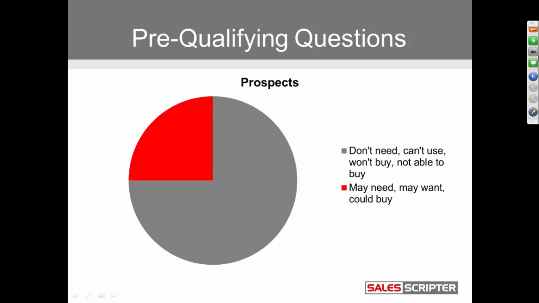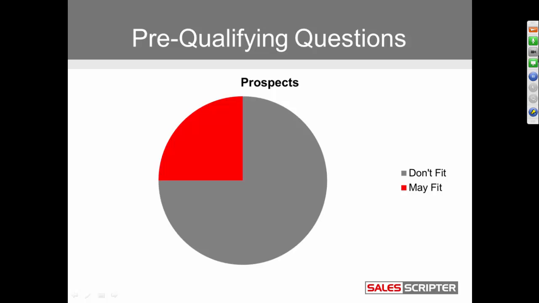Meaning the majority of the pie are people that we don't want to talk to. Another way to look at it is 3/4 of the pie are people that don't fit at all, and a quarter is a maybe a fit, right? Now, there's a small slice of the red piece that needs what we have right now and can buy and has money and whatever, right?